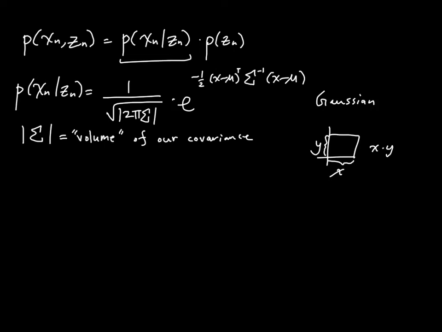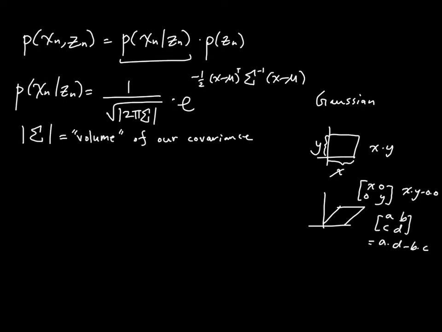Well, you can also say this in terms of a 2D matrix as [x, y; 0, 0], right? So this is x times y minus 0 times 0. Well, if your matrix looks like [a, b; c, d], it is equal to a times d minus b times c. And this is the determinant of A.